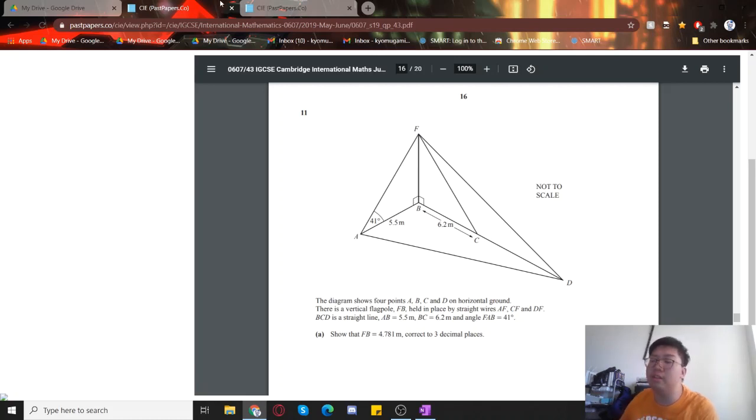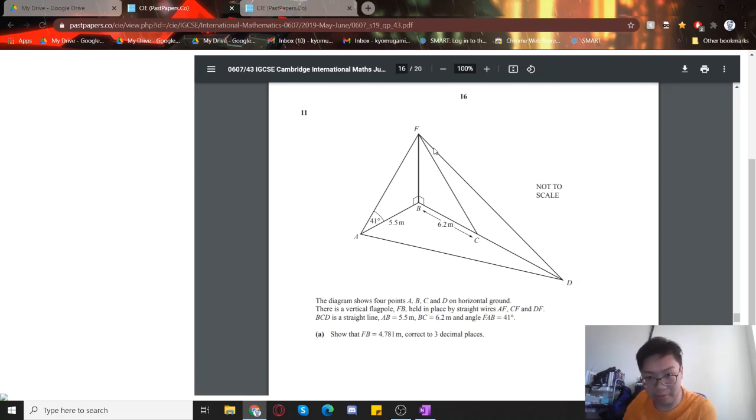There are multiple ways of doing it. Obviously, they intend you to use another way, but for example, you could calculate FC and then use the sine rule to work it out. But what I would do is even more basic. Since we know FB, and we know this angle, there's a triangle FBD here.